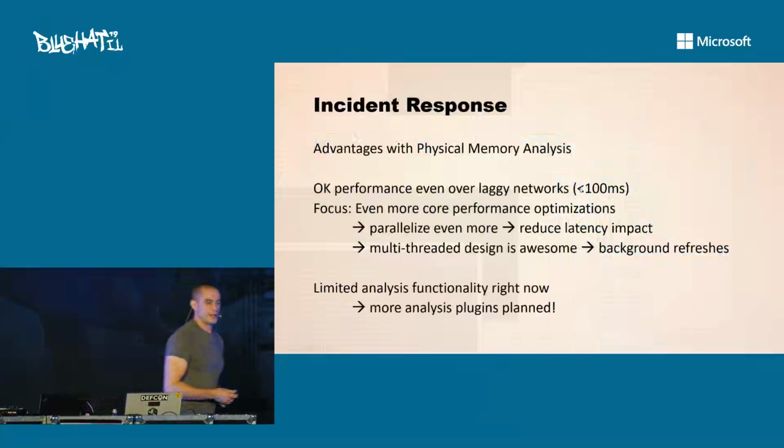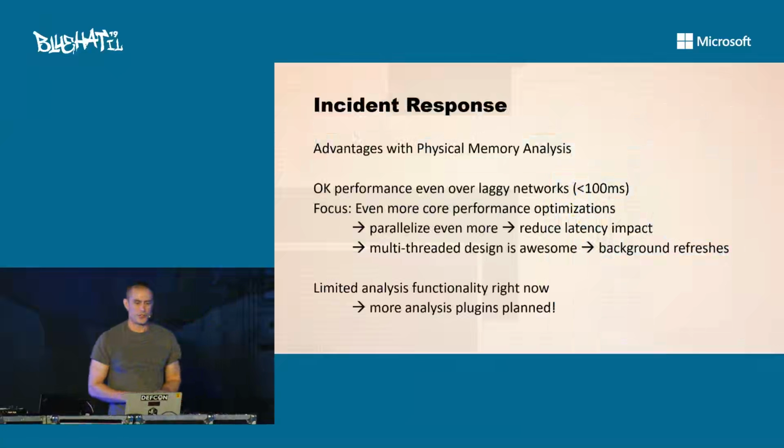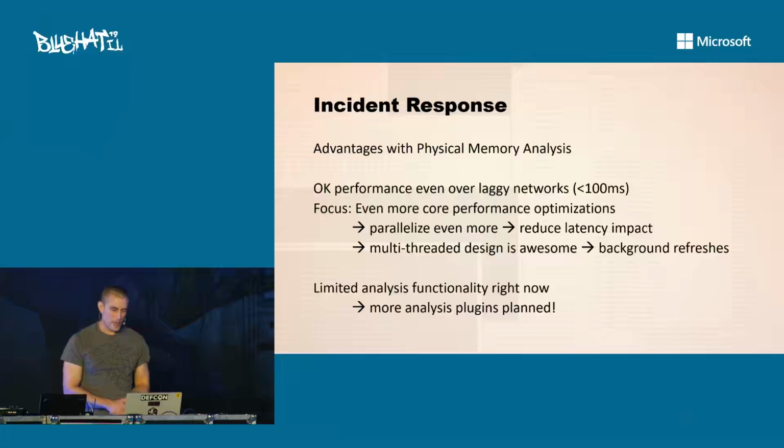So there are really big advantages with physical memory analysis. You may already be using tools such as Volatility or Rekall. This is not a replacement for those tools; it's more like a complement in some scenarios. The performance is quite okay even over a little bit laggy networks, as long as the latency is not too high.